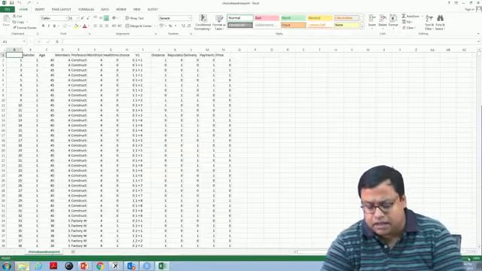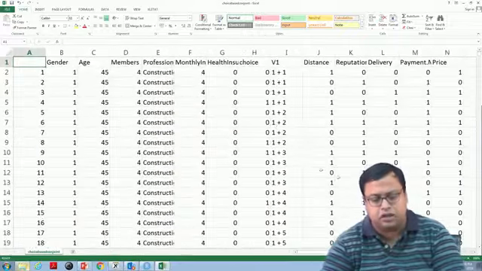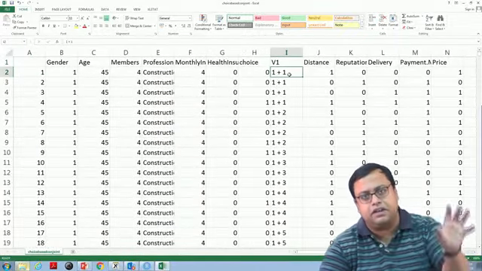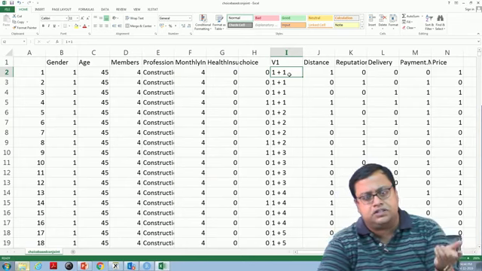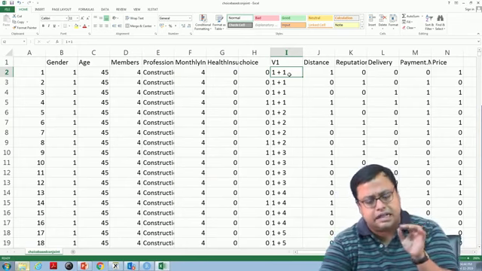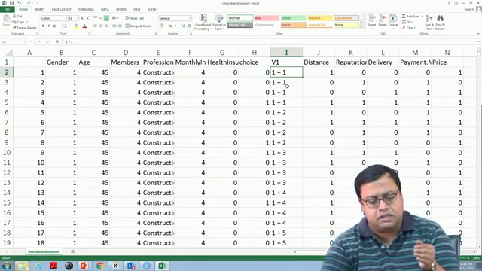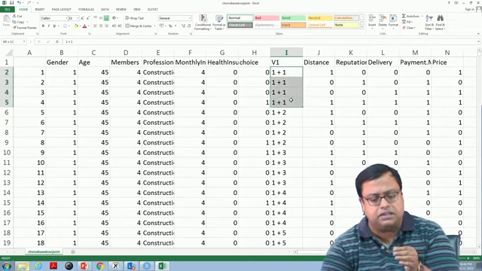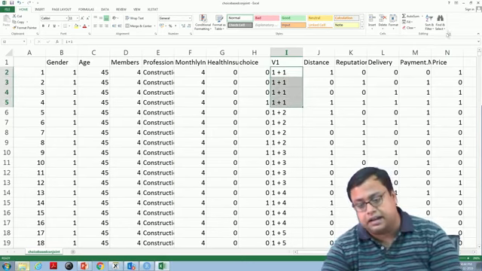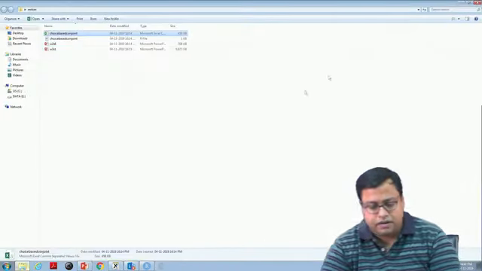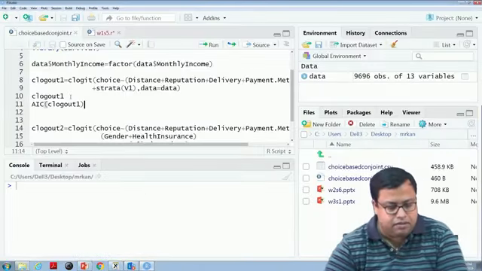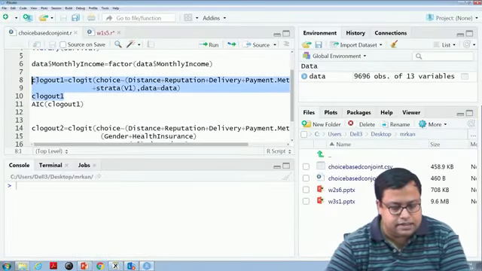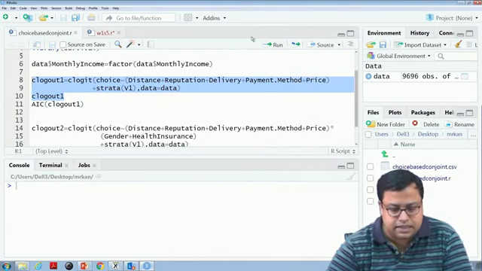This V1 column has to be, because this clogit function of the survival library follows this pattern. That is why you have to write it in this way, 1 plus 1, 1 plus 1, these are the 4 options. So, this gives you the strata. So, I have done that and I will run this. The result comes out to be this. So, let us see the result first.